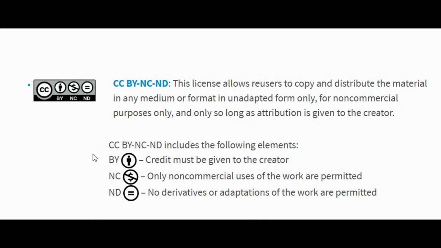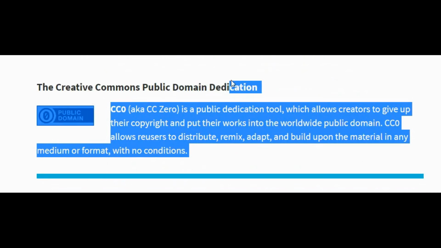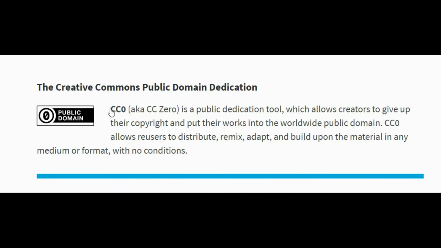Always focus on the symbols. Here's the next one, CC BY-NC-SA. So again, you can modify it, credit the creator, but you have to license the modified version. And see here, the NC, or the no money symbol, is for commercial. The person symbol is for the credit to the user.